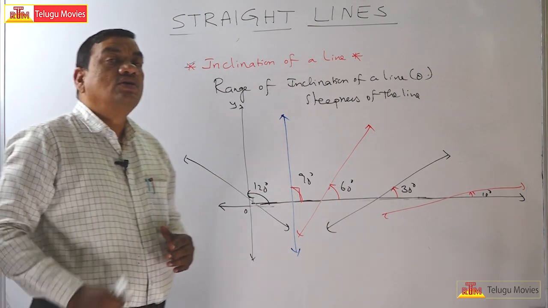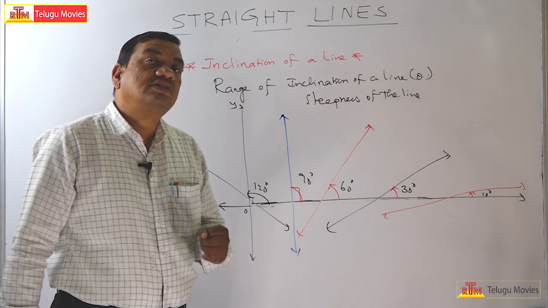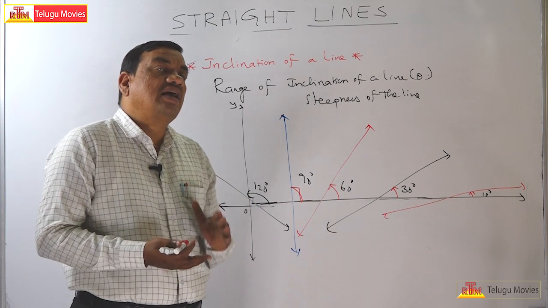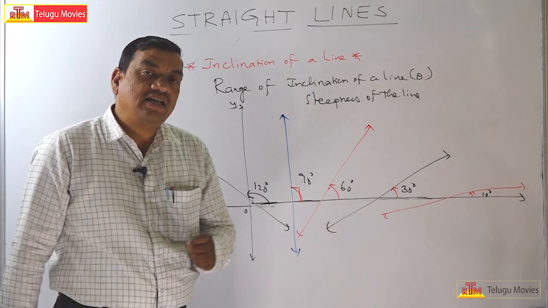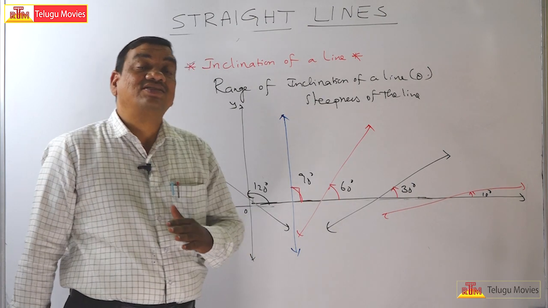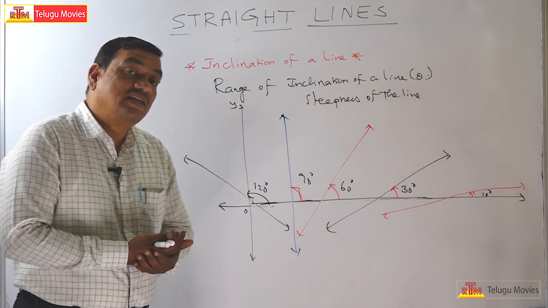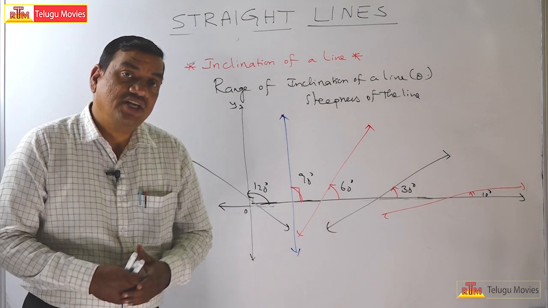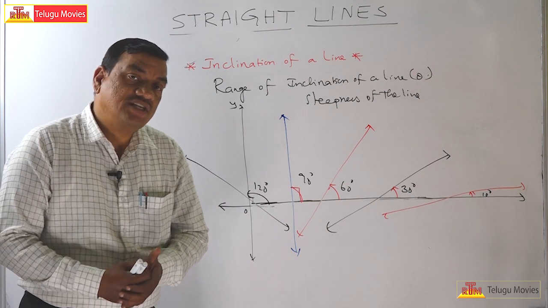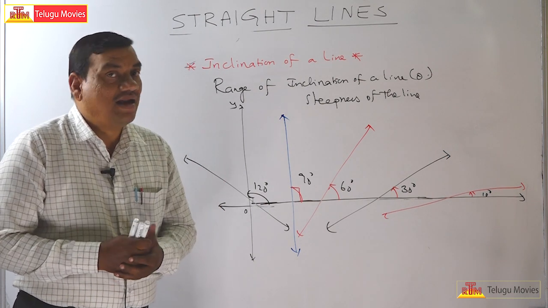If I tell you the line is making 10 degrees with the x-axis, you can imagine how steep the line is. If I say 30 degrees, 60 degrees, 120 degrees, 150 degrees, you can imagine the line.